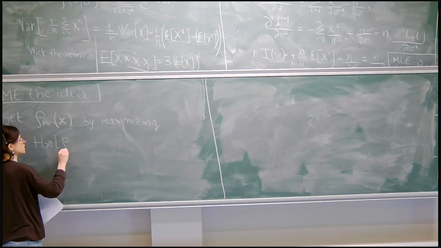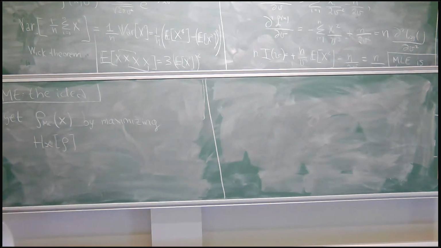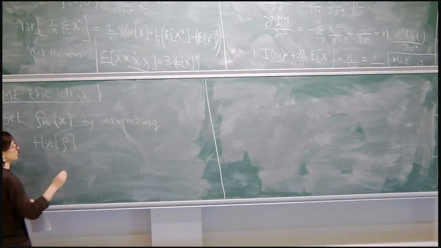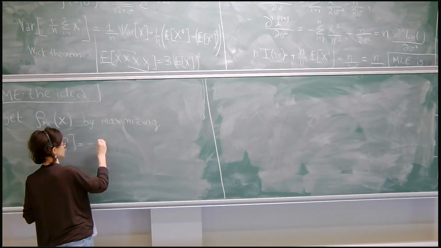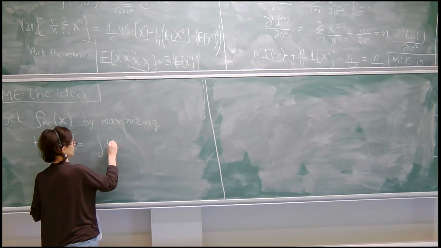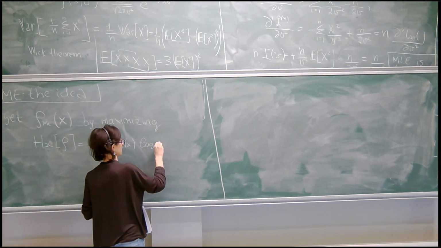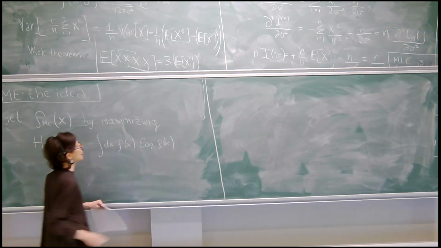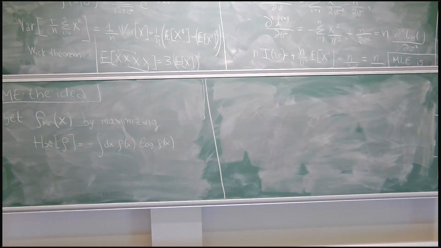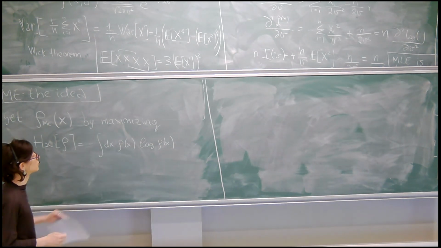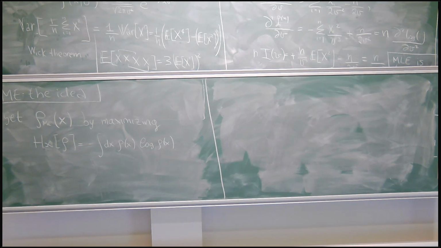So this is a functional because it is a function of the full distribution, which is itself a function. So here I'm denoting the variable to which it refers. And this is just minus the integral of rho x times the log of rho x. And you want to maximize these objects, but in a way which is compatible with the constraints that you have.